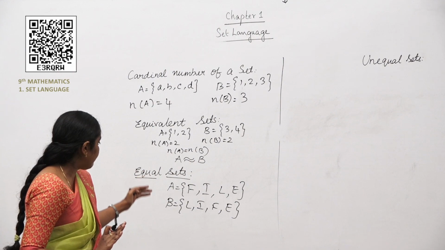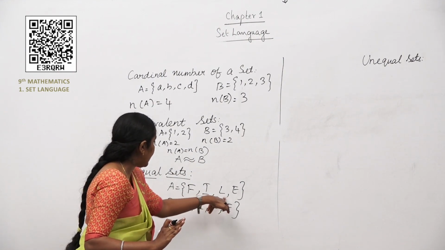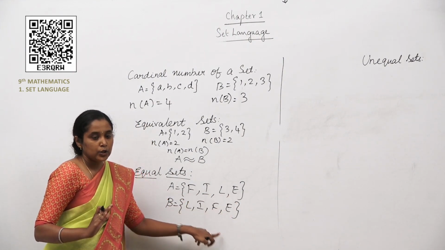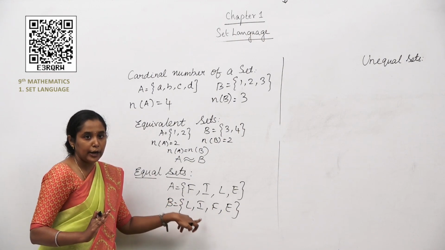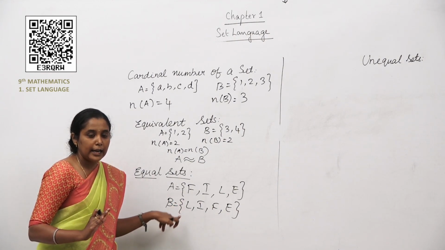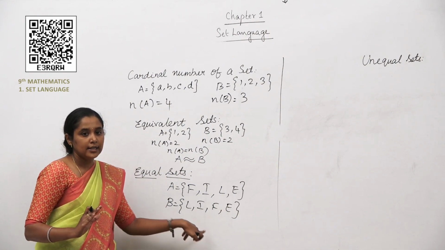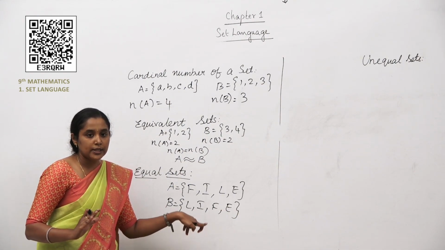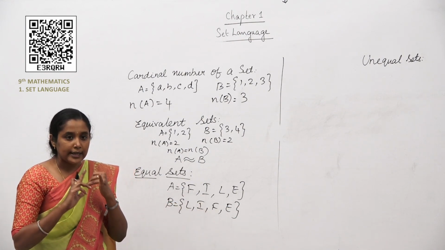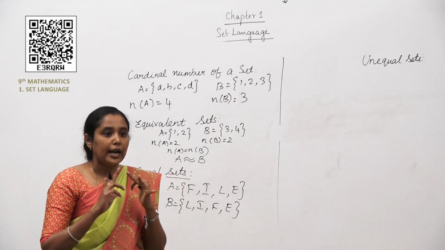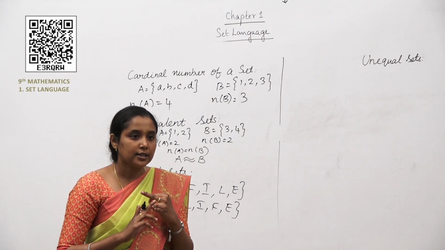Here n(A) is equal to 4, n(B) is equal to 4 and the elements are also the same. So you can say they are equal sets. When 2 sets are said to be equal, they have exactly the same elements and the same number of elements.